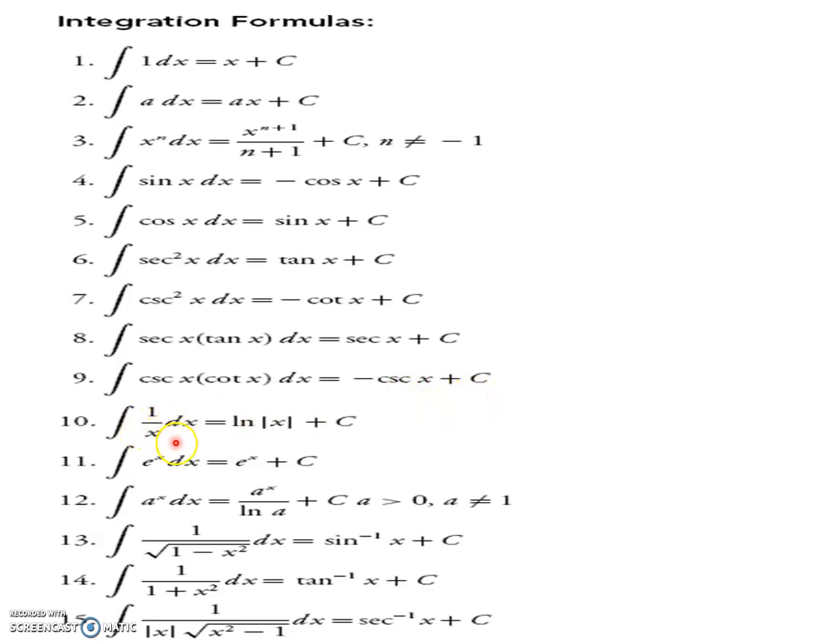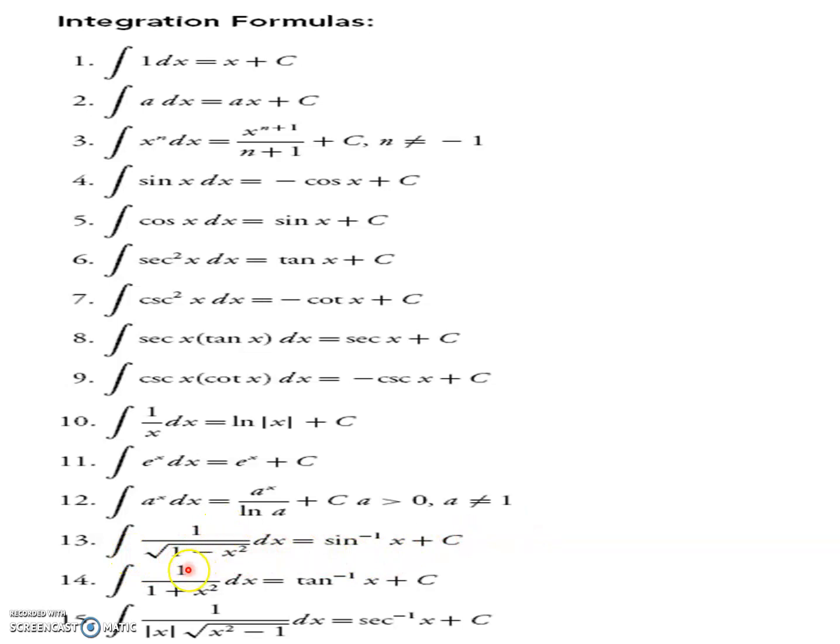Integration 1 upon x dx is equal to log x plus c. Integration e raised to x dx is equal to e raised to x plus c. Integration a raised to x dx is equal to a raised to x upon log a plus c, where a greater than 0, a not equal to 1.